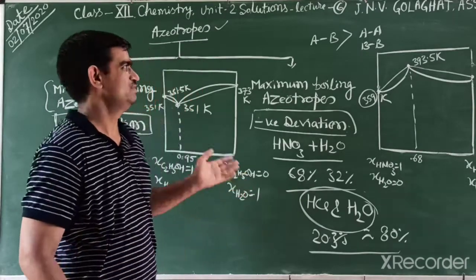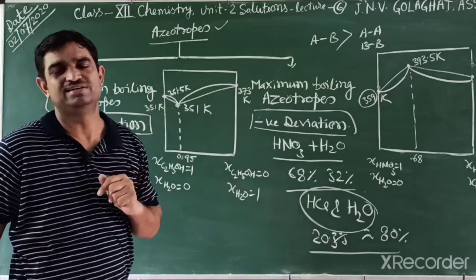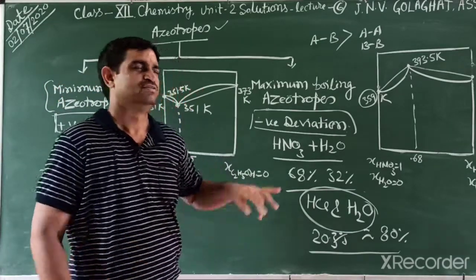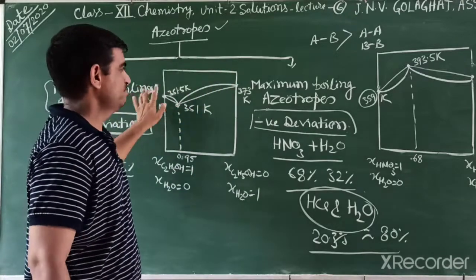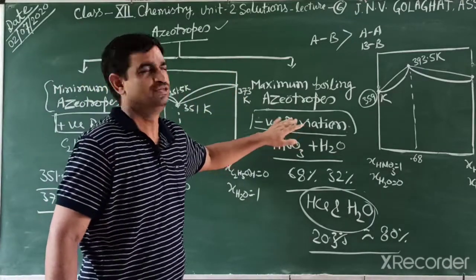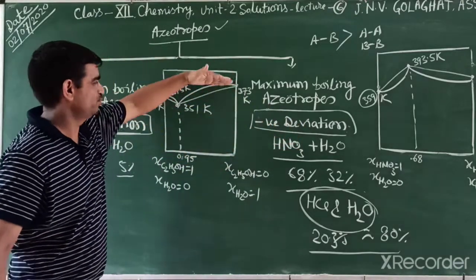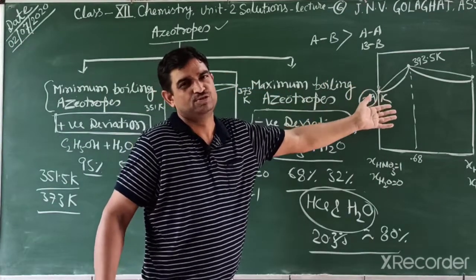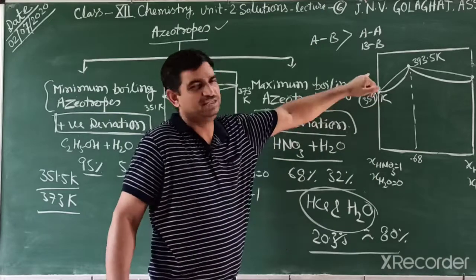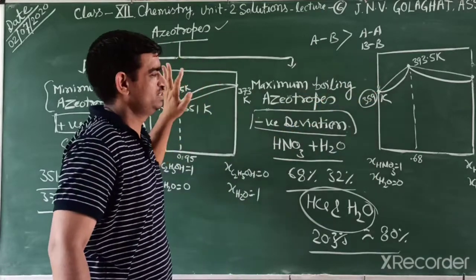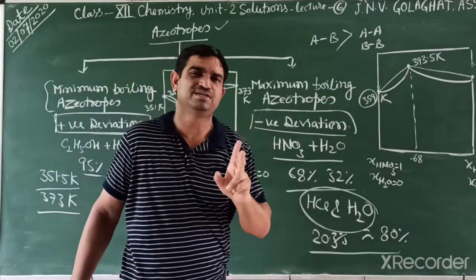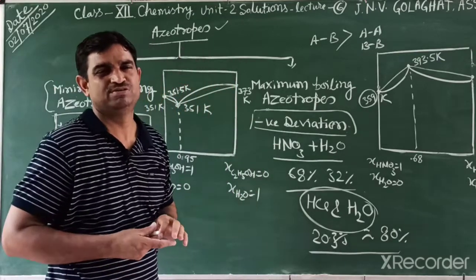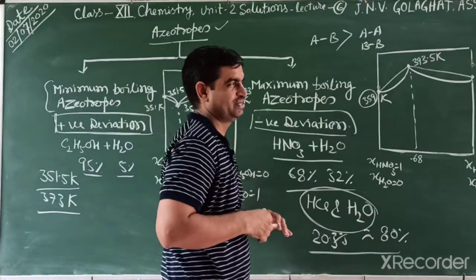And today we explained ideal and non-ideal solutions, positive and negative deviation, azeotropes, minimum and maximum boiling azeotropes. Minimum means both components' boiling points are higher than the mixture's, maximum means both are lower. With stronger force there is negative deviation, otherwise positive. You should remember at least 1 or 2 examples given in the NCERT book, and focus more on numericals.